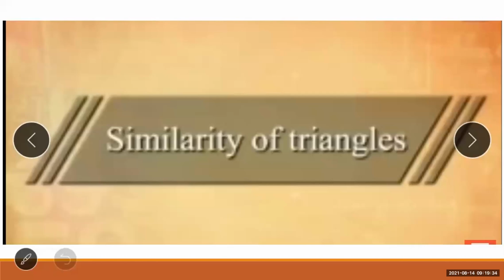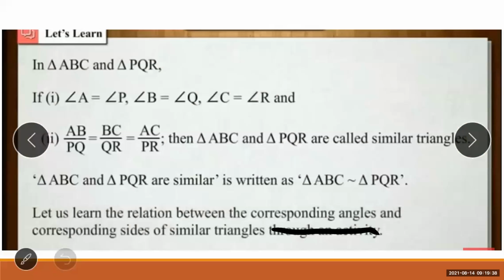See here, in triangles ABC and PQR, as you know, when the triangles are similar, their corresponding angles are congruent to each other. If congruent, their measurements will be equal to each other. So here we use the equal sign.